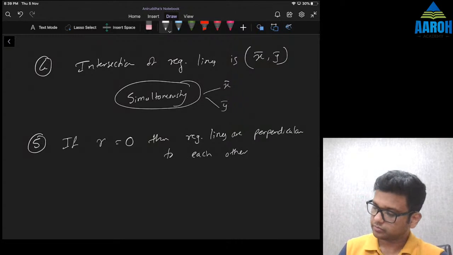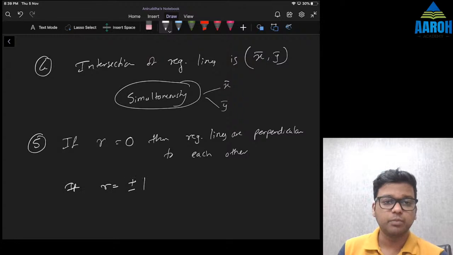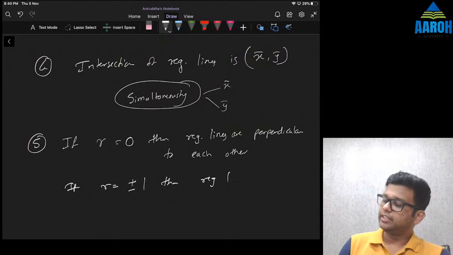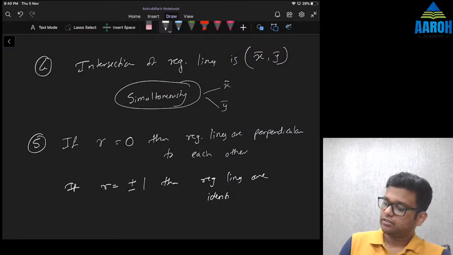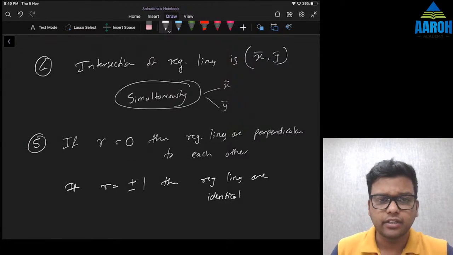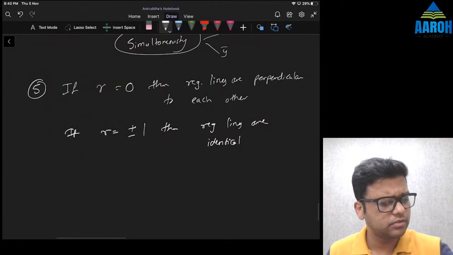And if R is equal to plus minus 1, that is perfect positive or perfect negative correlation, then the regression lines are identical. Logically this is also correct.